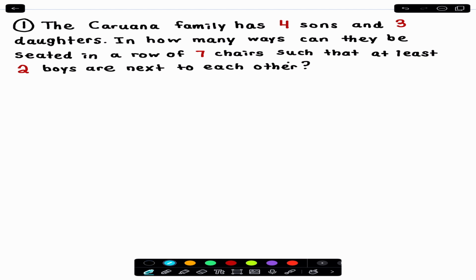For example, let's just write a valid seating arrangement. We could first have 4 boys and then followed by 3 girls.